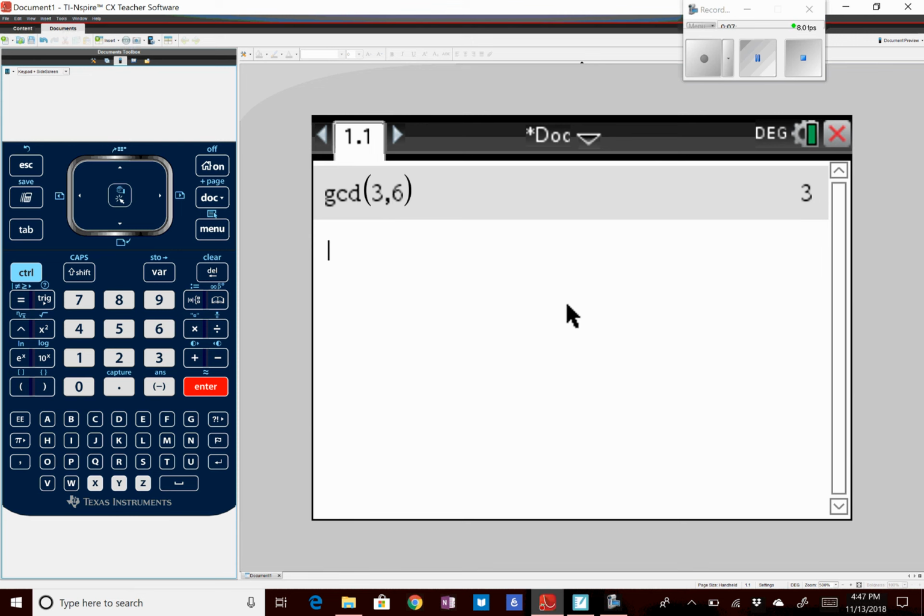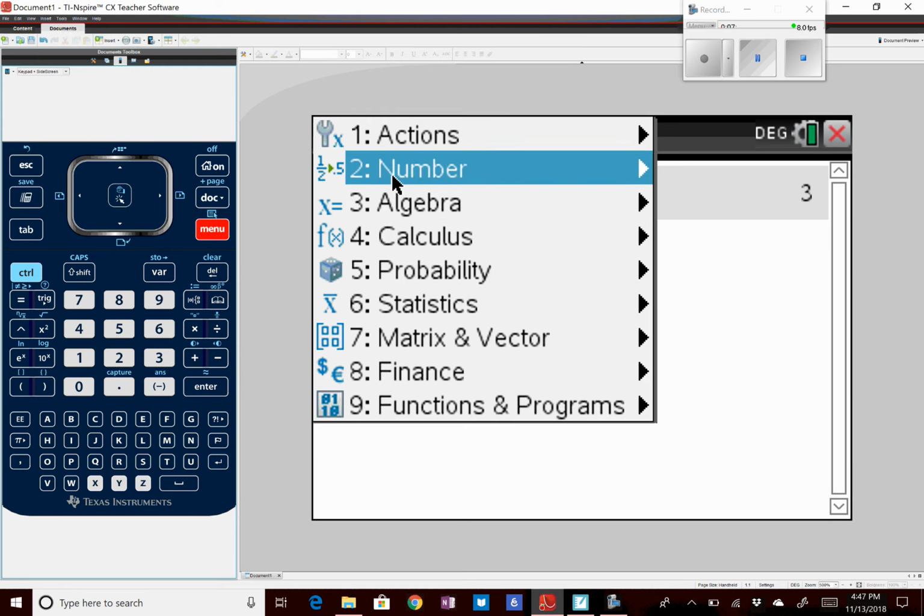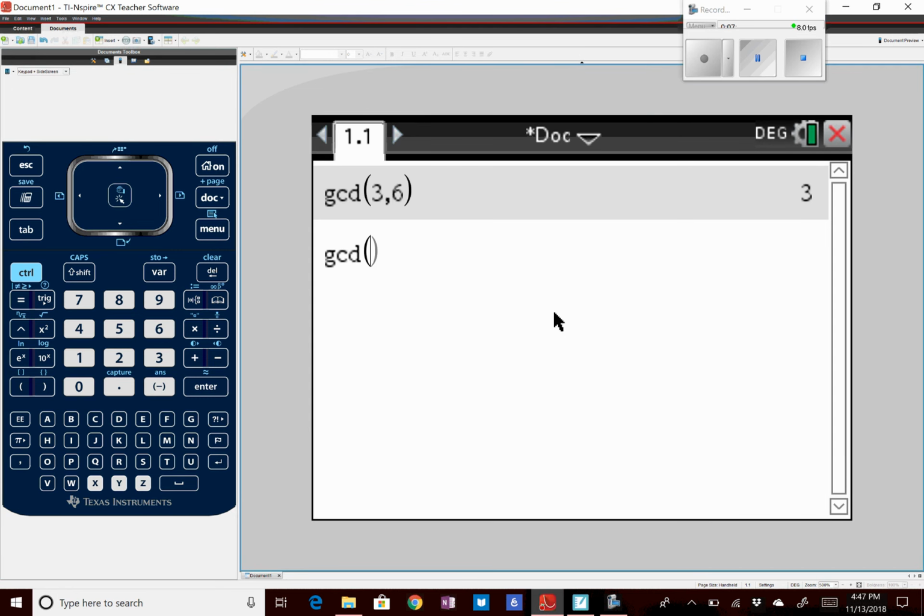If you have more than two numbers like we do here, we have a 15 as well that we have to consider. Start with the first two, get a GCF, and then use that result with the next number. So again, if I go into number and greatest common divisor, now I want to use this result, the 3 that I have here, with the 15, which was the last term in that expression, and my GCF is still 3.